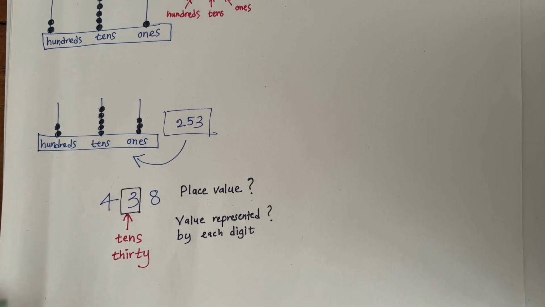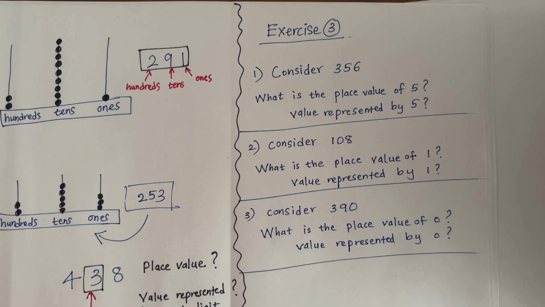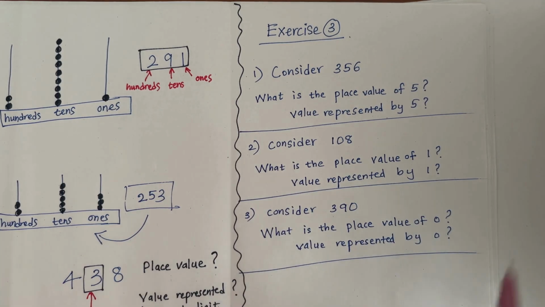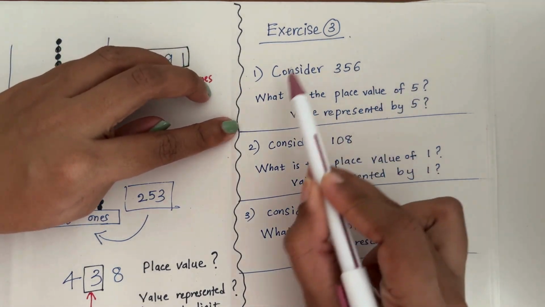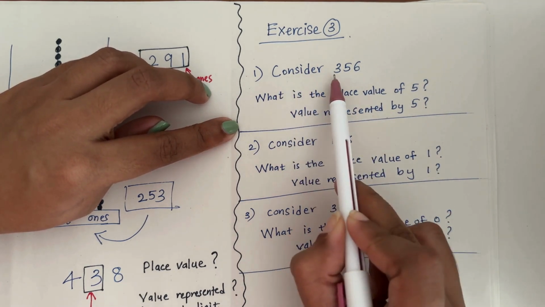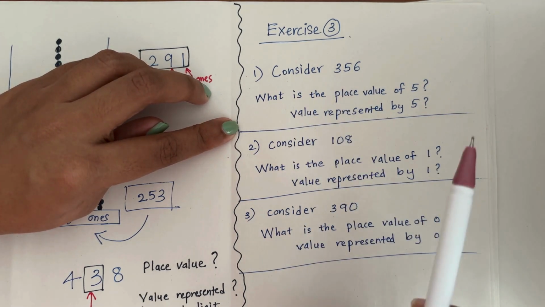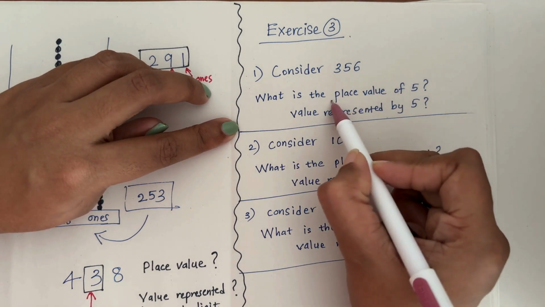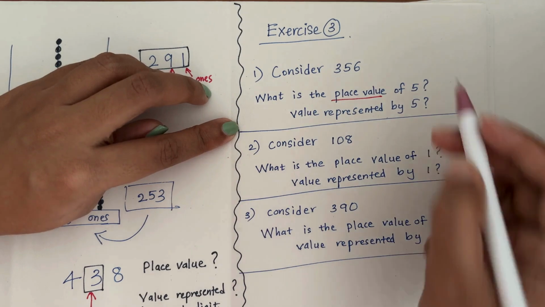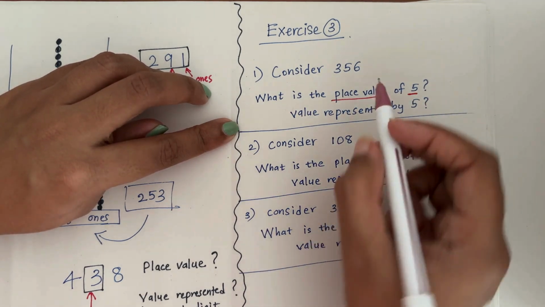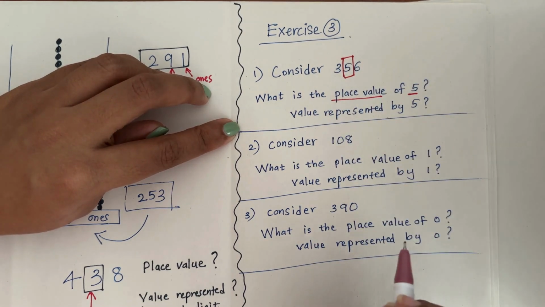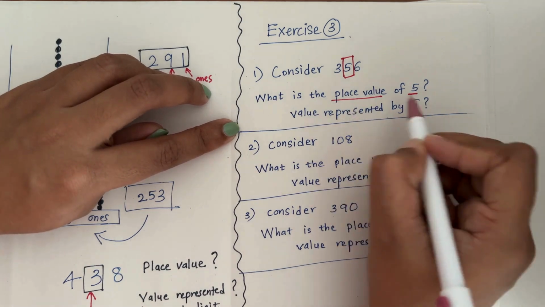Okay, so to learn this more, let's do some exercise. Here we have 3 questions. The first question is, consider 356 and they are asking what is the place value of 5. This is the digit 5.